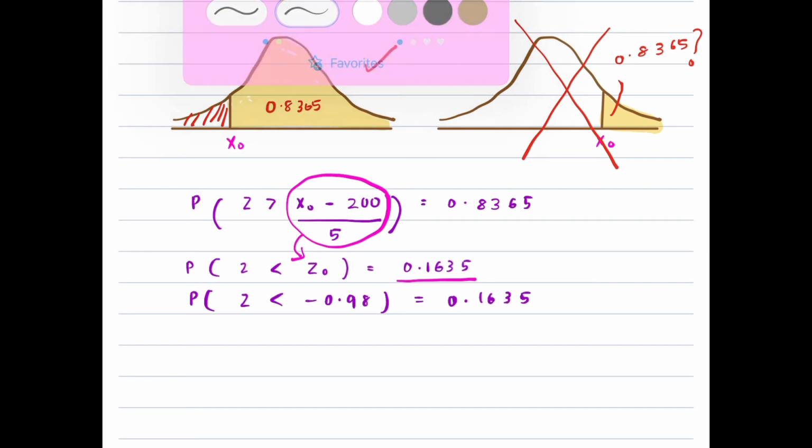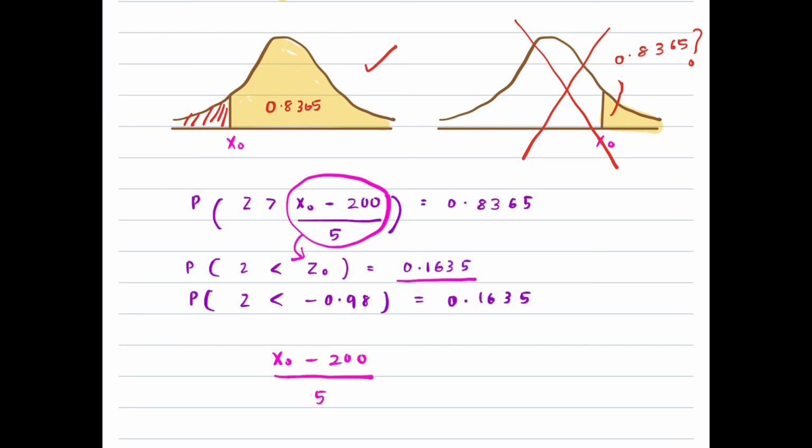Just substitute back. You have x0 minus 200 over 5 is equal to negative 0.98. So your x0 is equal to 195.1. This is how you answer the question if the question gives you the probability.